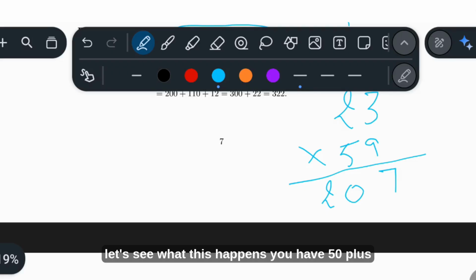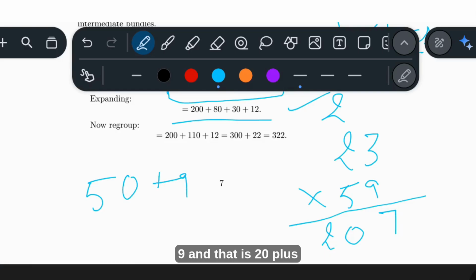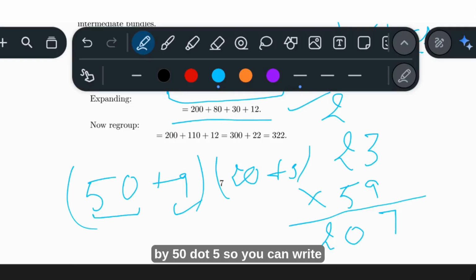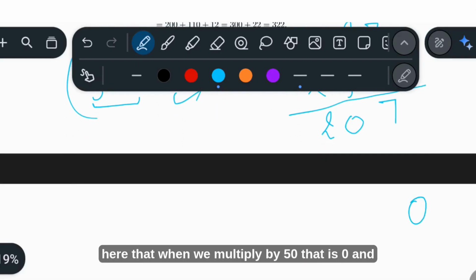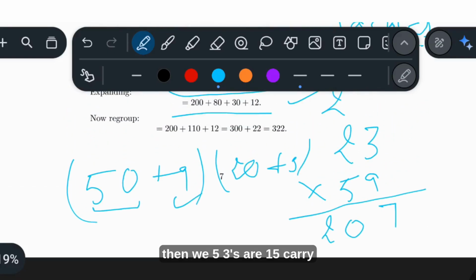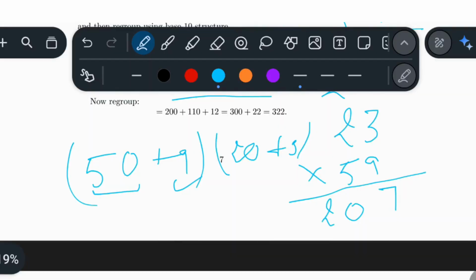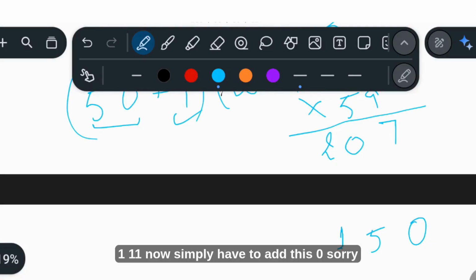Now let's see what happens. You have 50 plus 9, and that is 20 plus 3. Now you have to multiply by 50, not 5. So when we multiply by 50, we put a 0, and then 5 3s are 15, carry 1, 5 2s are 10, 10 plus 1 is 11.